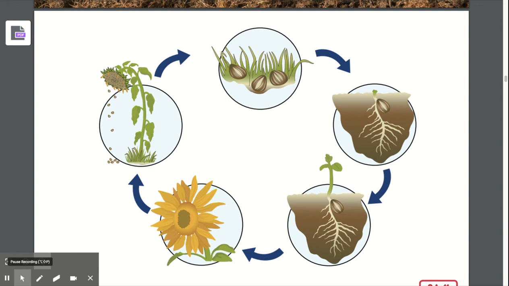Great job. What parts of a plant does a seedling have? Did you say a seedling has roots, a stem, and leaves? So, what is a seedling?